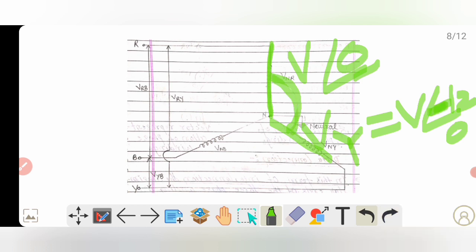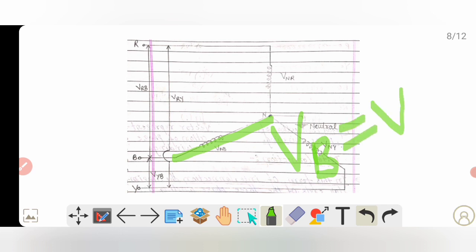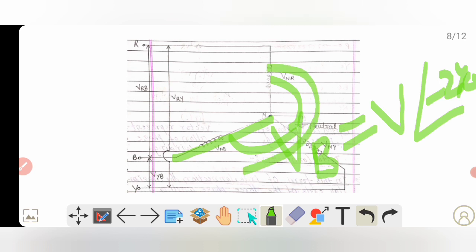So this negative basically denotes that VY is in clockwise direction to VR by an angle of 120 degrees. Similarly, if you want to denote VB, that is, the B phase, then we can denote it as V at the angle, this is 120 and this is 120, and the total will be minus 240 degrees if we move in clockwise direction.